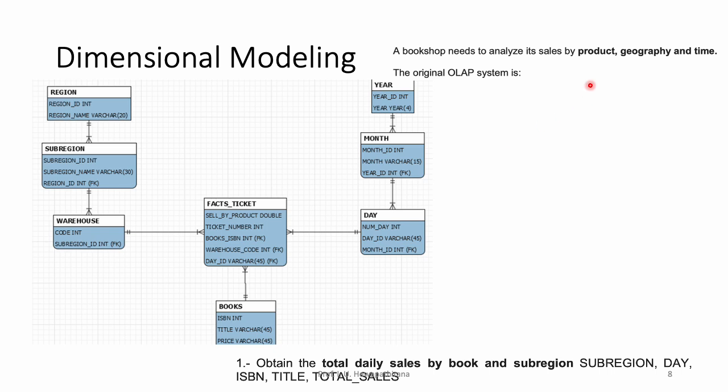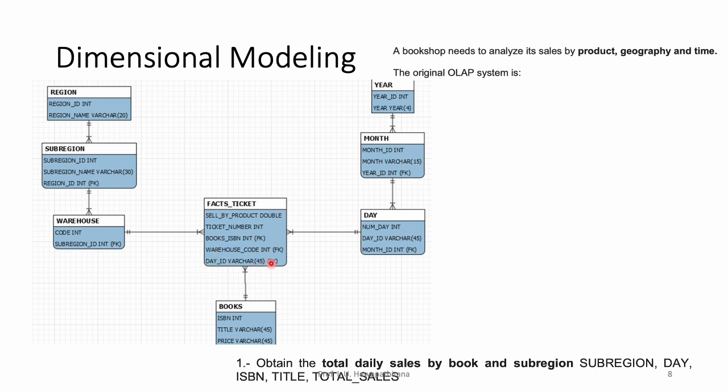So this is a bookshop OLAP system, right? The bookshop needs to analyze its sales by product, geography, and time. Whenever a transaction happens, all the details you can see are in the fact table. You can have the selling amount, the ticket number, the ISBN number of the book, the warehouse code, and the date.